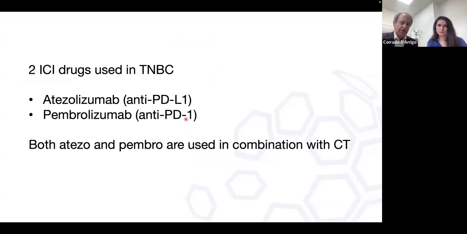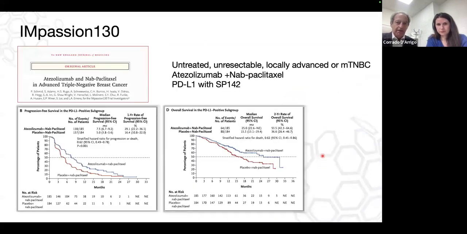The one is an anti-PD-1 and one is an anti-PD-L1, and here are the names. And both of them are used in combination with some form of chemotherapy, so they're not used as monotherapy primarily. The relevant trials for the use of these drugs in triple-negative breast cancer are in the untreated, unresectable, locally advanced or metastatic setting.